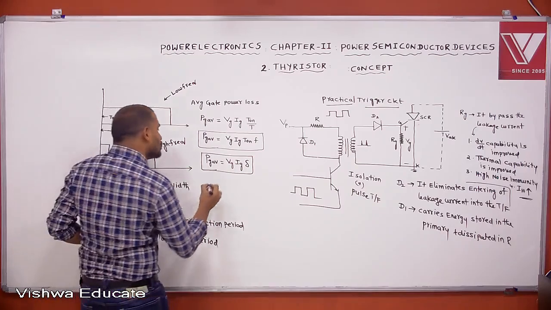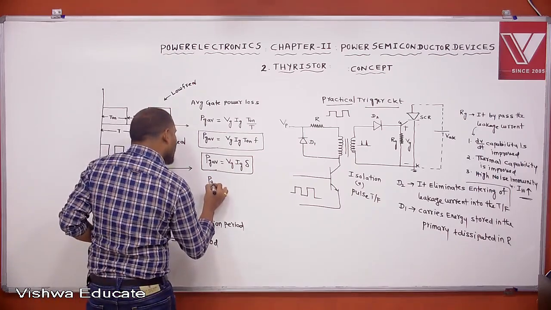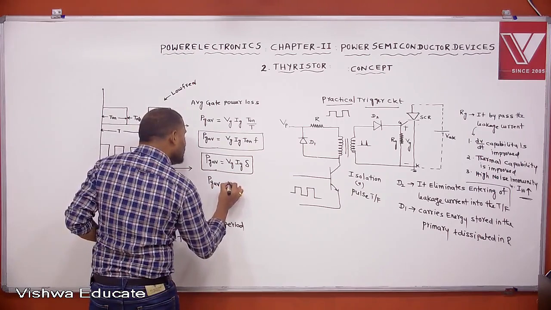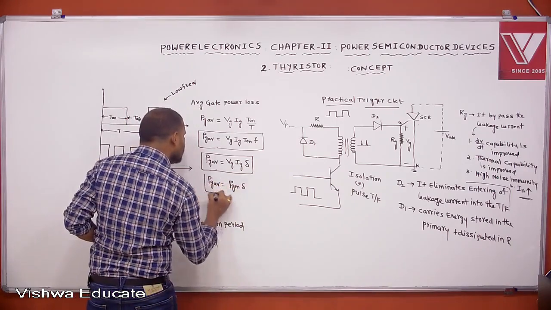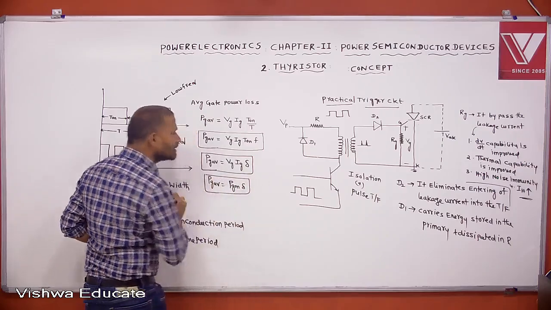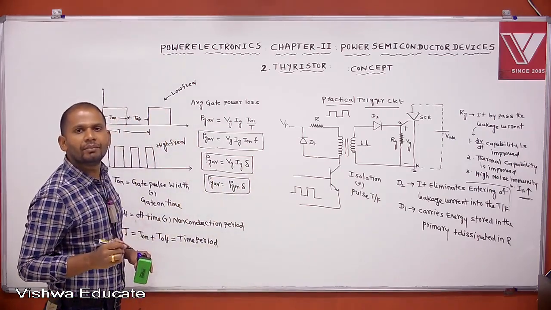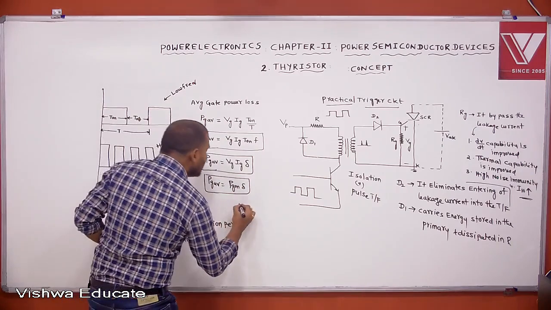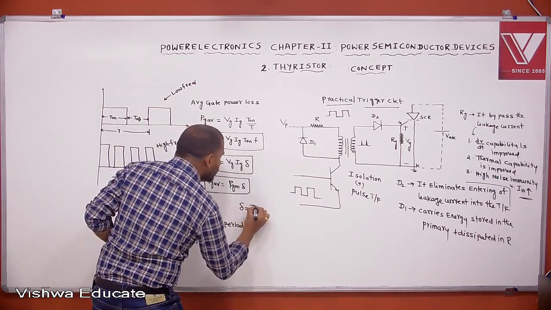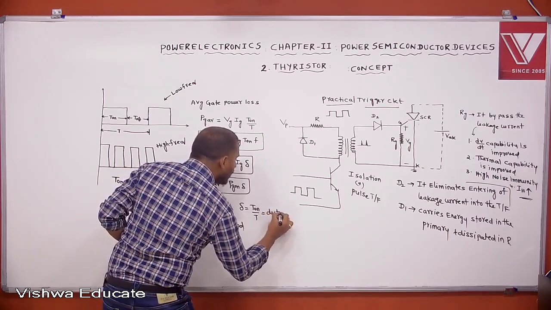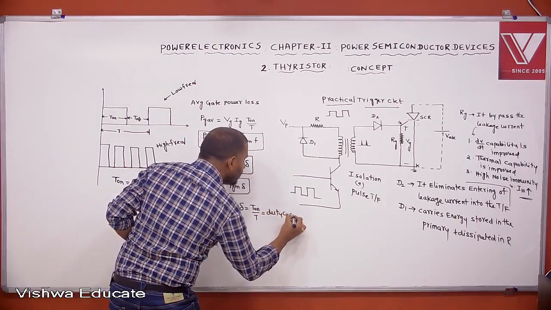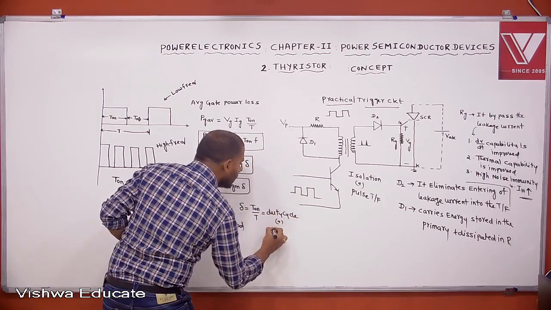You can also write this formula like this. Average gate power loss equals Vg Ig, written as PGM, that is PGM into delta. But what is delta here? Delta equals T on by T. This is called duty cycle or duty ratio.